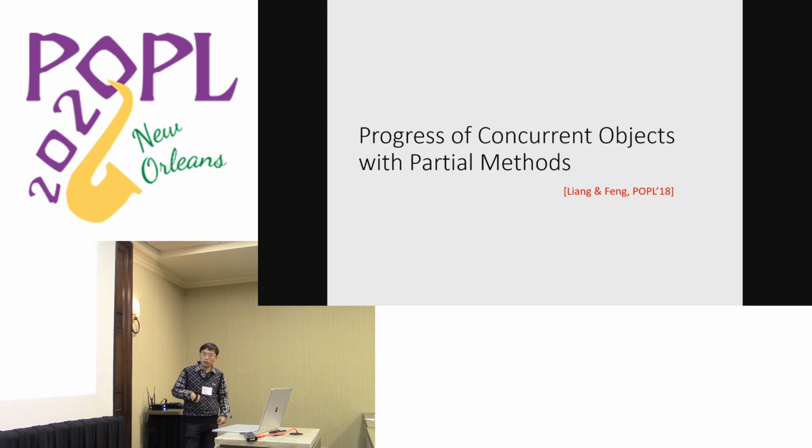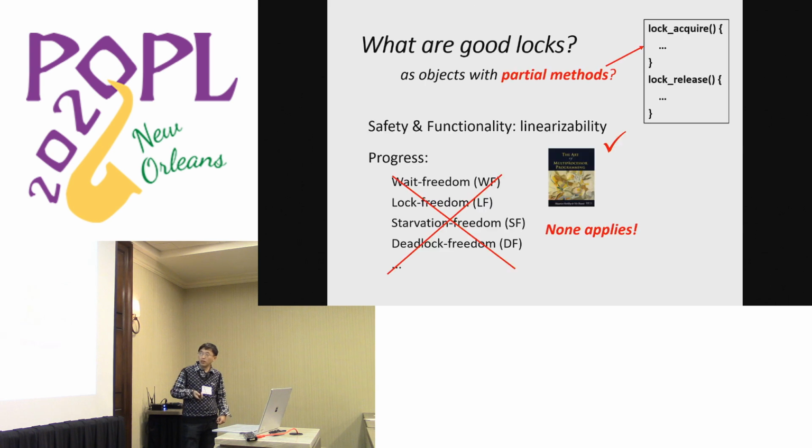Okay, so I'll also give a quick review of another extension. If we think of the previous progress properties, we always expect a method to terminate. But for a lock implementation, it's possible for it to never terminate, because if other threads acquire the lock, then the acquire has to be blocked.